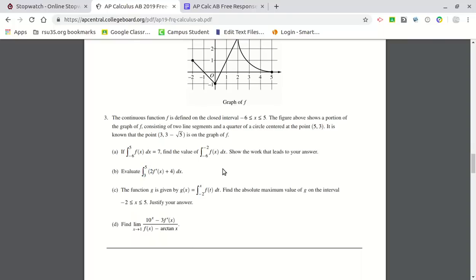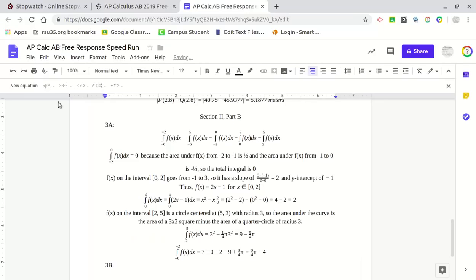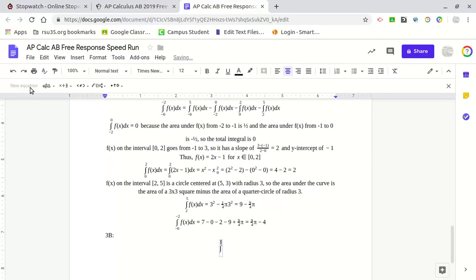Evaluate this integral. Okay, this doesn't seem too bad. So first I'm just going to write down the integral. It's the integral from 0 to 5 of 2 f prime of x plus 4 dx. So I want to split the integral up, so 2 f prime of x dx plus 4 dx. So this integral is like 4 times 5 minus 3, so that's 8.